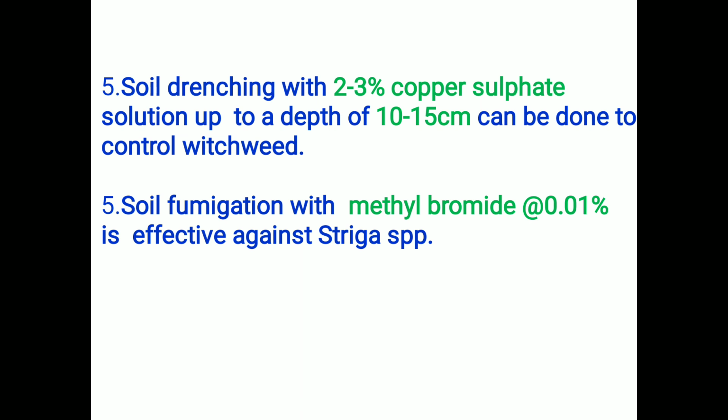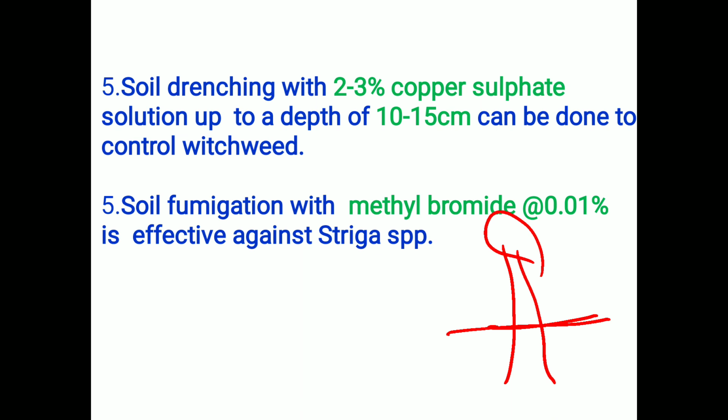Next one, we have to do the soil drenching with 2 to 3% copper sulfate solution up to the depth of 10 to 15 centimeter to control the witchweed. Okay, so soil drenching means what? Suppose this is your soil, and this is your plant.